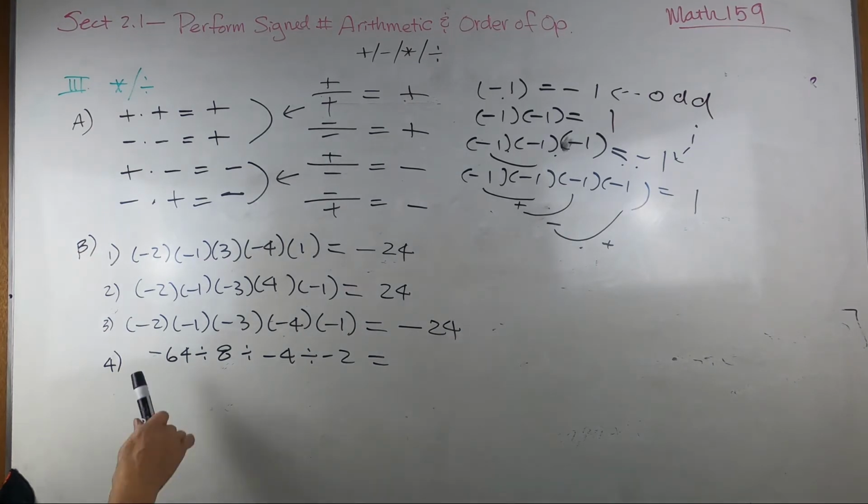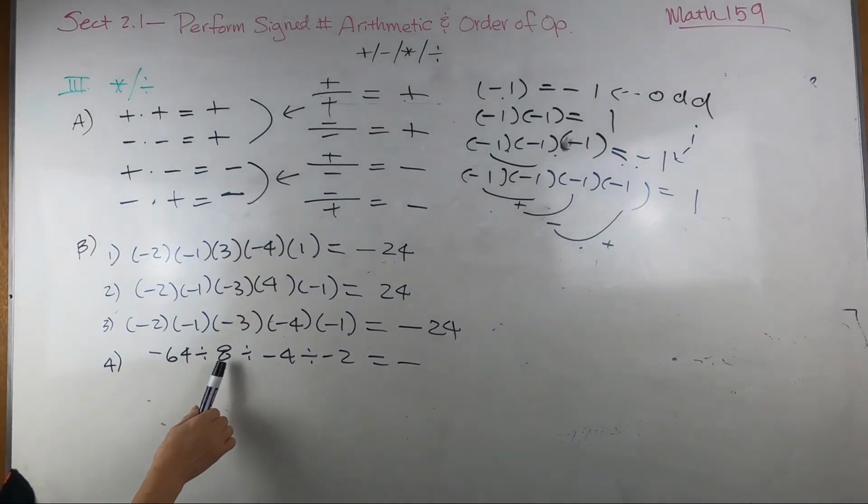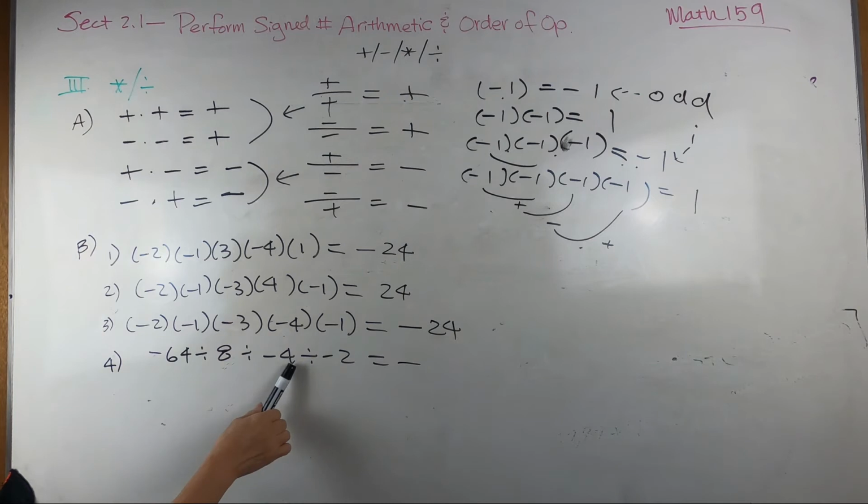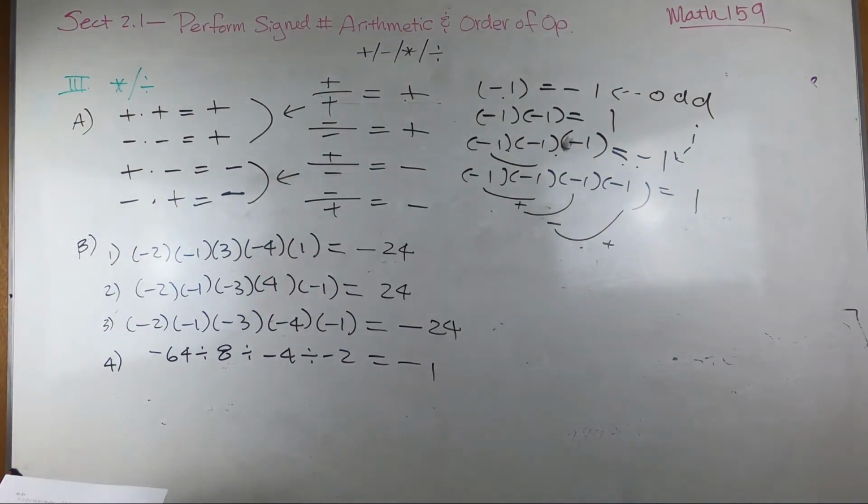Okay, so how many negative signs do we have? 3. 3 is odd, so the answer should be negative. Then you do the division. 64 divided by 8, 8 divided by 4, 2. 2 divided by 2 is what? 1, right?